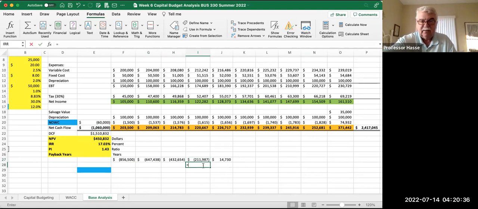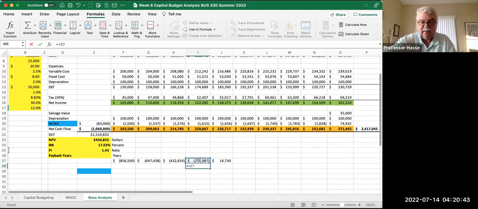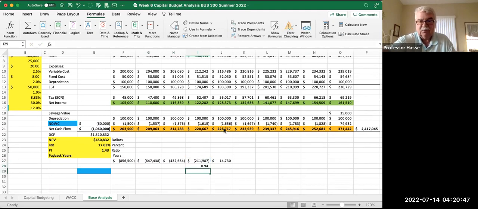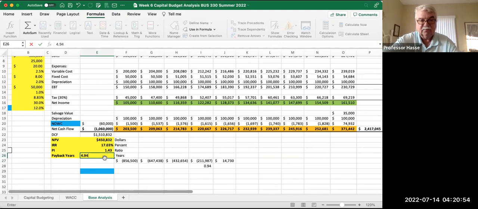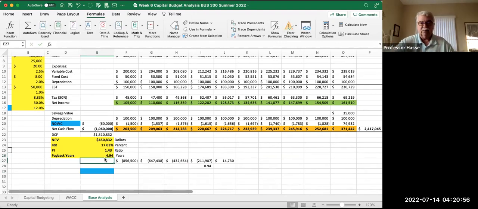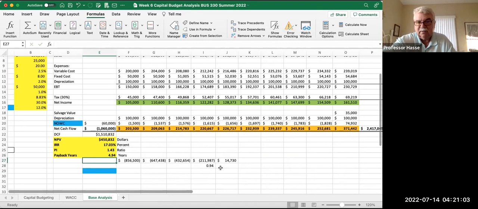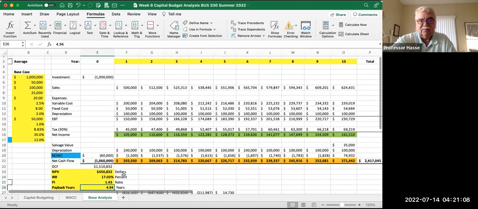Now we just take the year 4 ending cash flow, getting rid of that minus, and divide it by year 5 cash flow, and we get a percentage, 0.94. 1, 2, 3, 4.94 years. And that's our payback in years. It's taking us 1, 2, 3, 4, and then 94% of year 5 to pay back the $1,060,000, so 4.94 years. That's our base analysis.